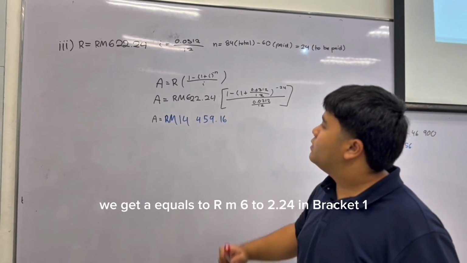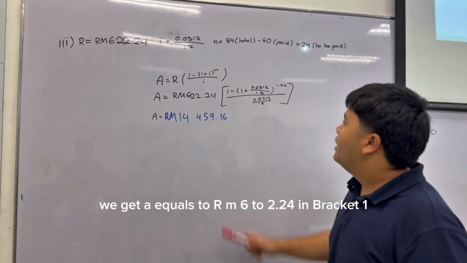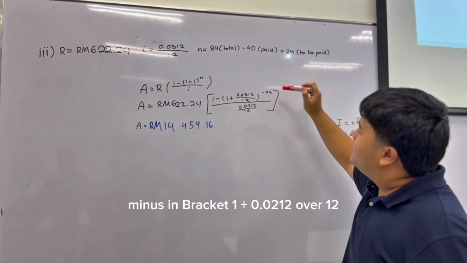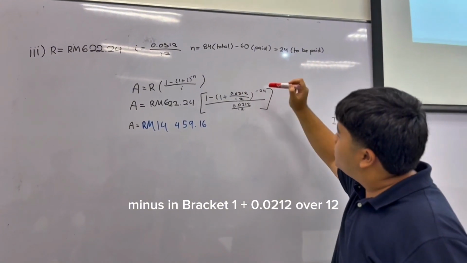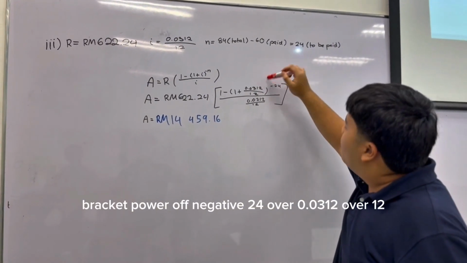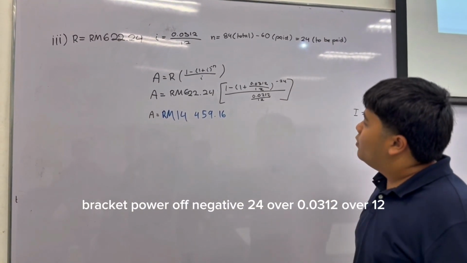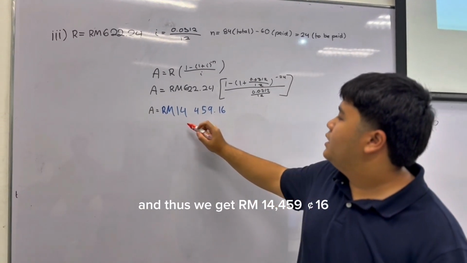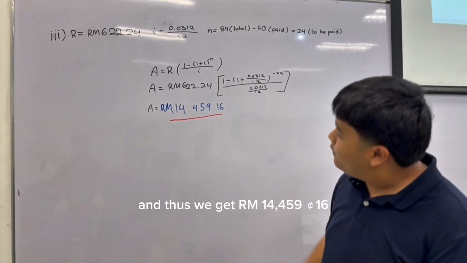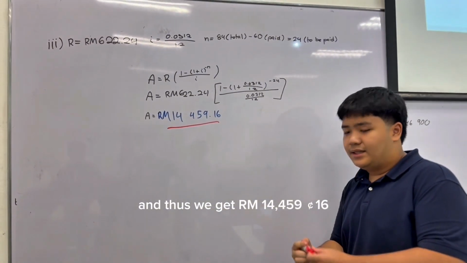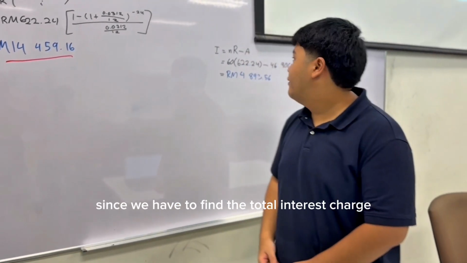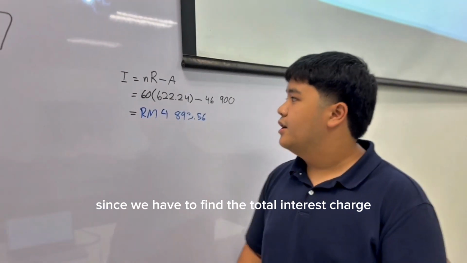We get A equals RM 622.24 in bracket 1 minus bracket 1 plus 0.0312 over 12 bracket power of negative 24 over 0.0312 over 12, and thus we get RM 14,459.16.